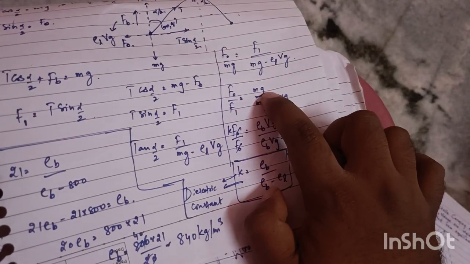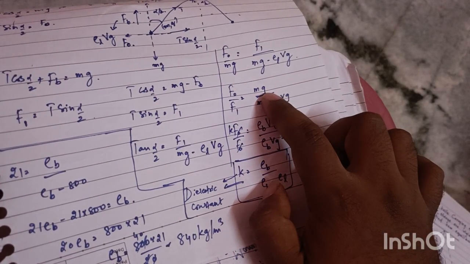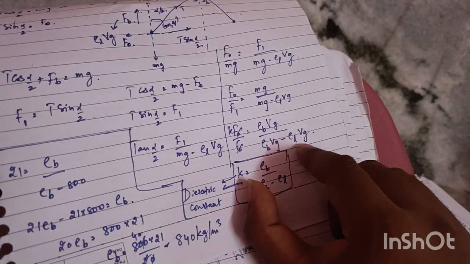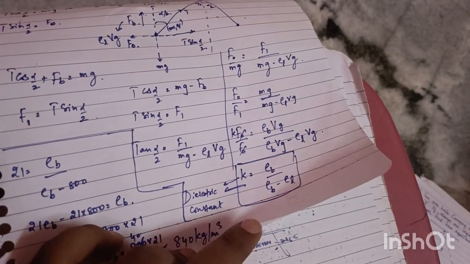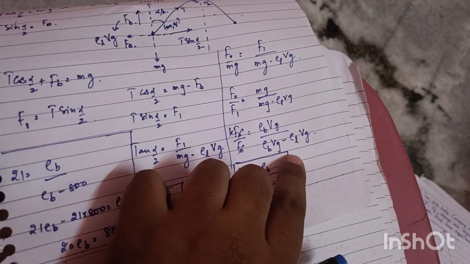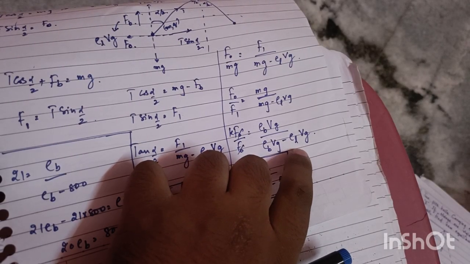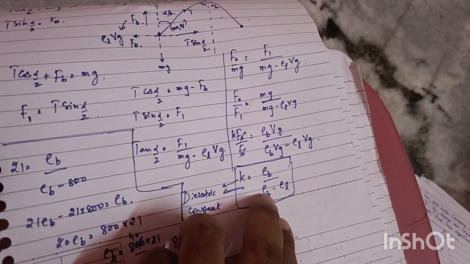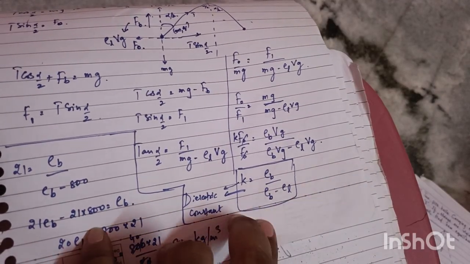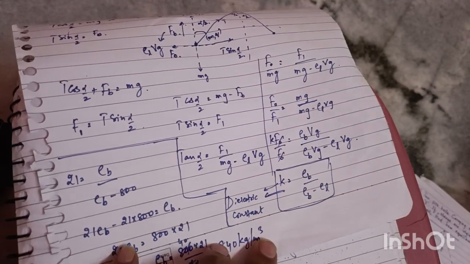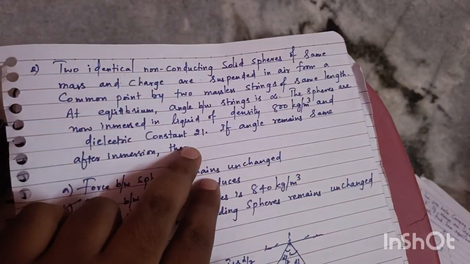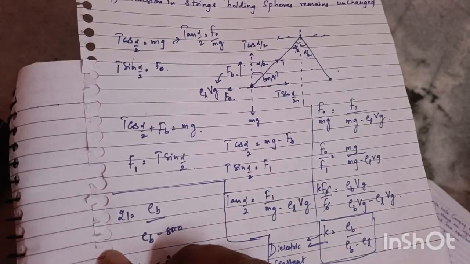Mass I've written as density into volume. So mass is density of the body into volume of the body. And buoyant force, since the body is completely immersed, is density of the surrounding medium into volume of the body immersed into g. So from here k we'll get this one, and this is a pretty standard one. K is dielectric constant. From the given problem, the dielectric constant is given as 21, so I took 21 here.